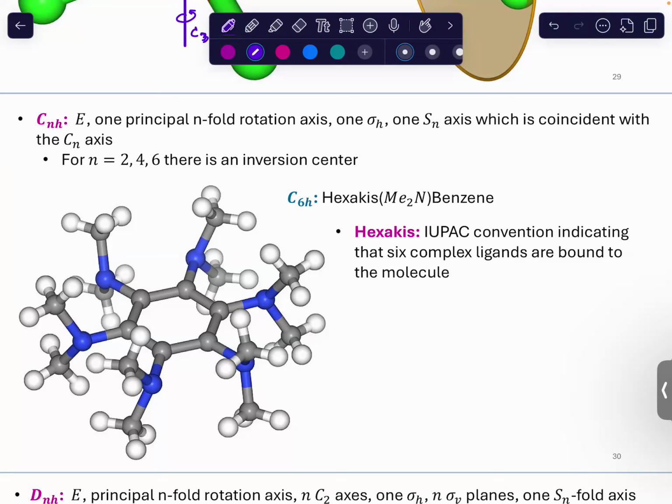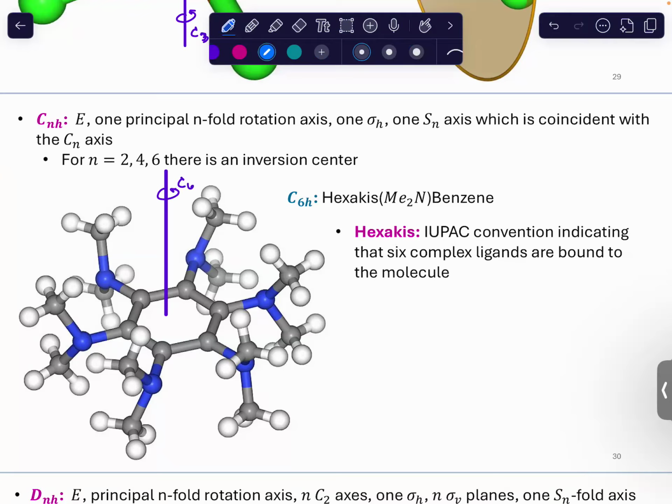So again, if you see the word the first time, you're like, holy crap, but it's not that complicated of a definition. So this one here has all of those. Of course, that's C6.